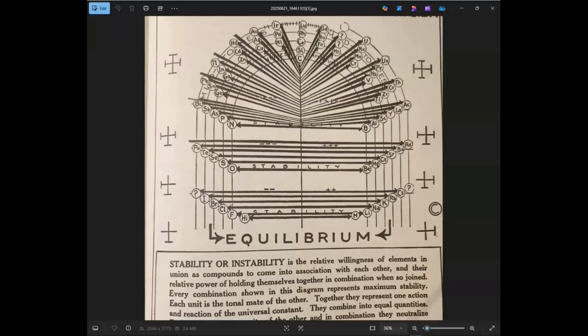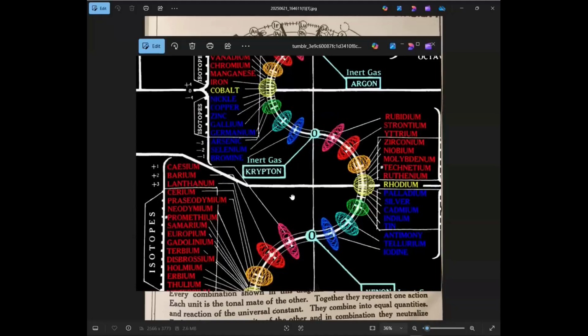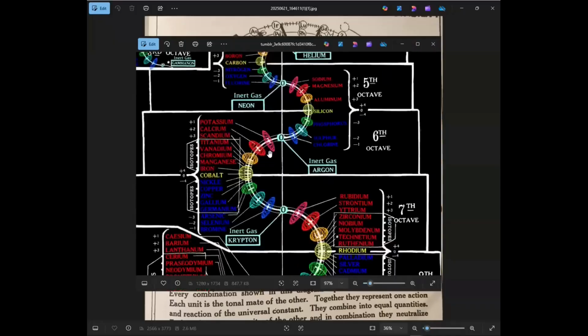So what that would look like on our periodic table, we did sodium and chlorine, which we all know is table salt. So next up would be sulfur at position -2 and magnesium at position +2.